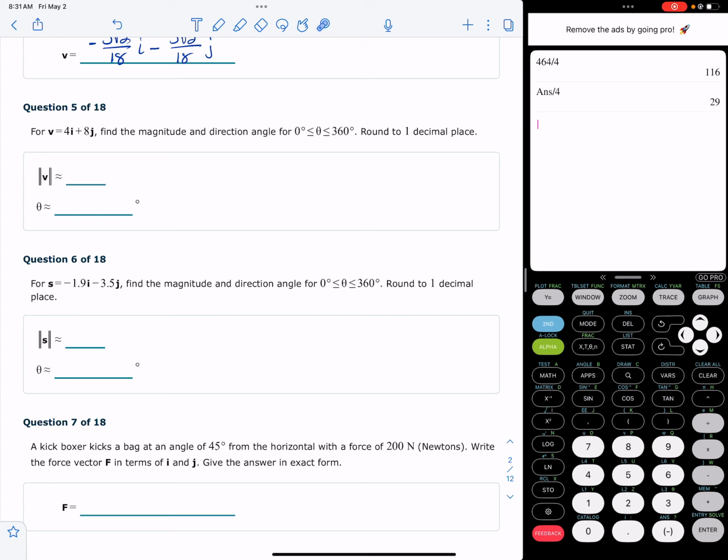Okay, so now we're going the other way. We're given the vector, and we have to work it backwards, for lack of a better word, to find the magnitude and the angle. So the magnitude part is fairly easy. Square root of the sum of the squares of the components.